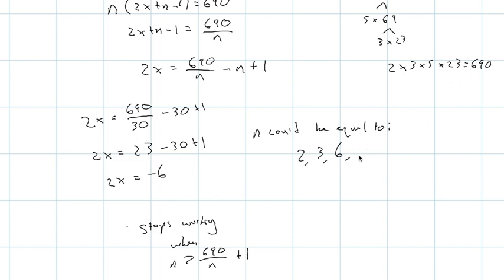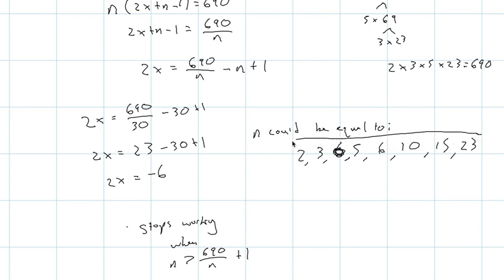So we could have 5 and then 6 and then 10 and 15 and 23. 23 would work here. But then the next biggest factor of 690 is 30. And so then beyond that, 30 and beyond, we couldn't have values of n.